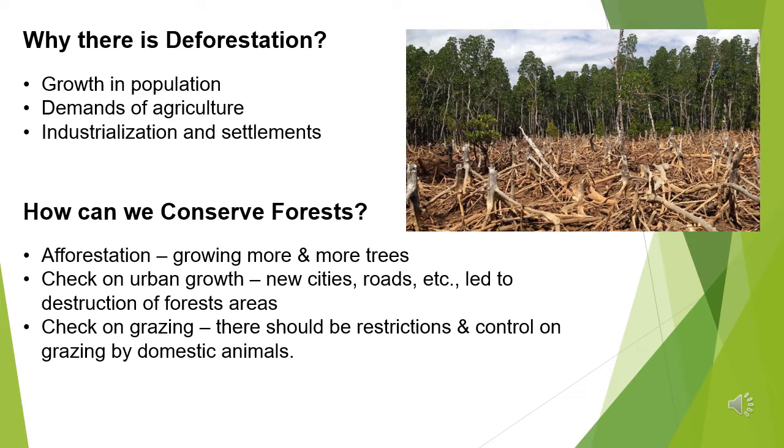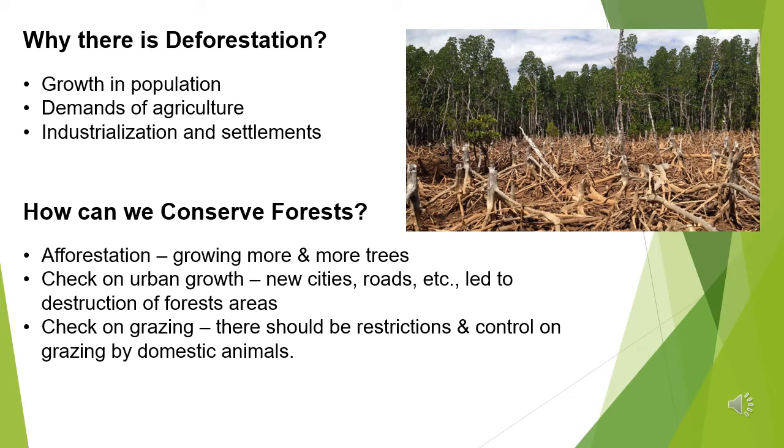Now the next is why there is deforestation. What is deforestation? Deforestation is cutting down of trees. Why is there deforestation? Because of growth in population, demands of agriculture, industrialization and settlements. See, all the three are interrelated to each other. When there is growth in population, there will be more demand for food. That is, agriculture will grow.